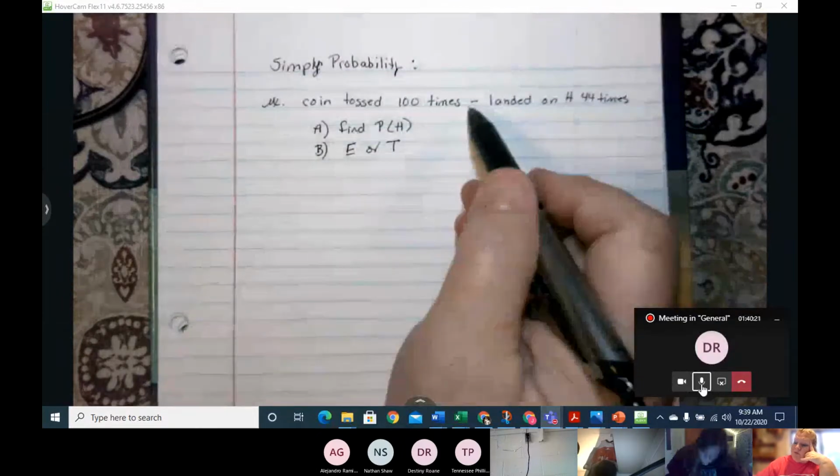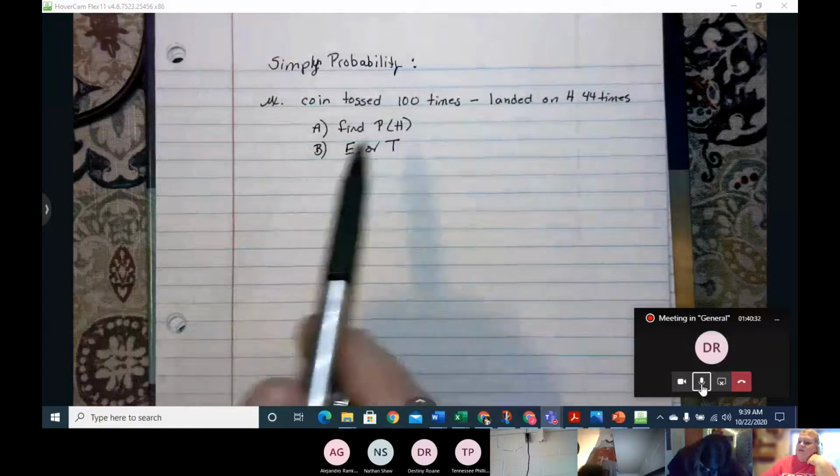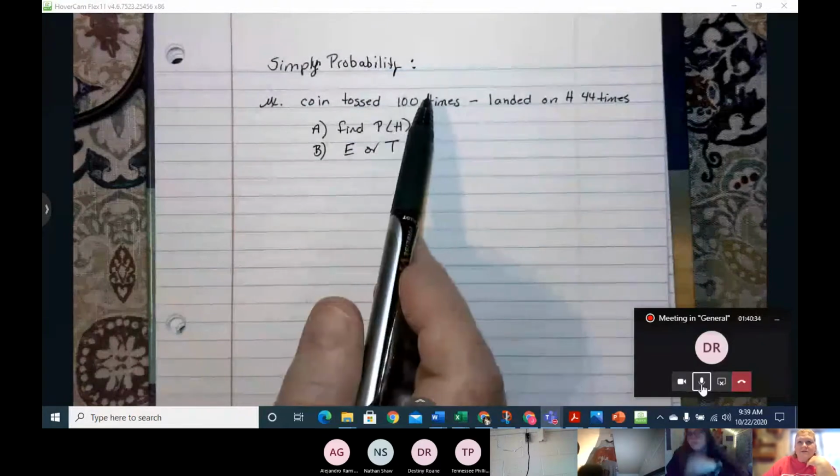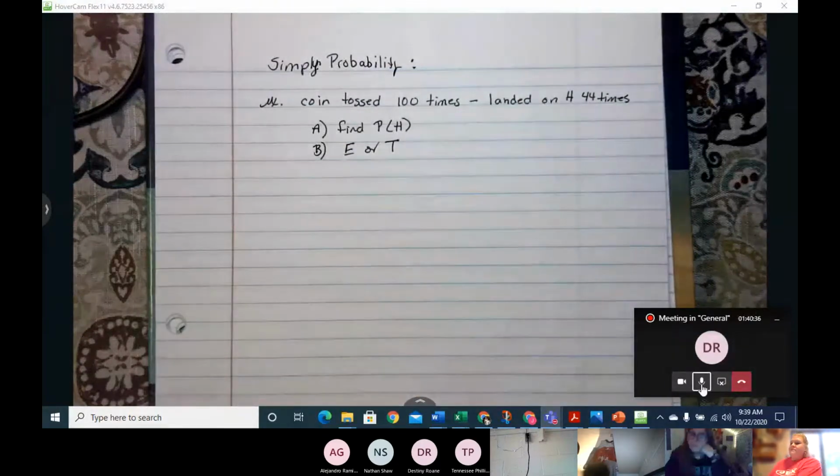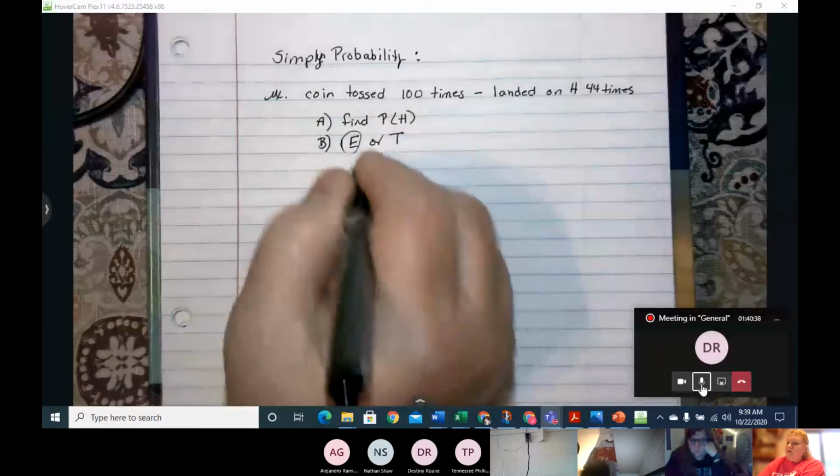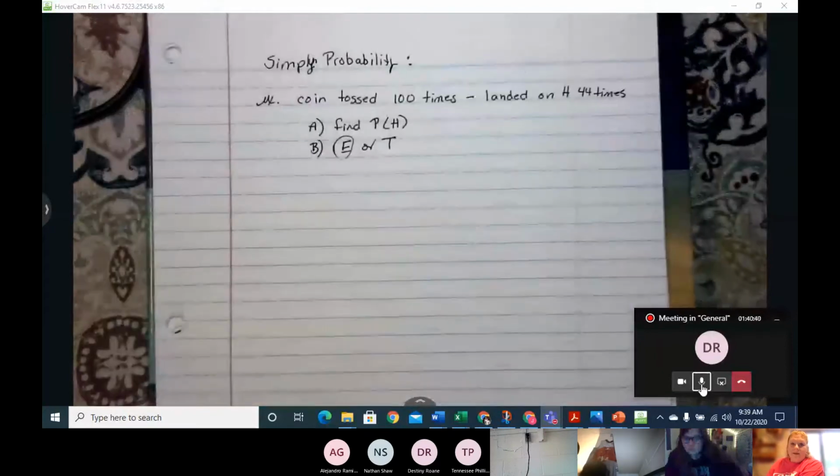Are we using actual data or are we using some kind of rule? We are using the rule of probability, but we do that every time. But we're using data based on an experiment, actual data. So it is empirical probability.